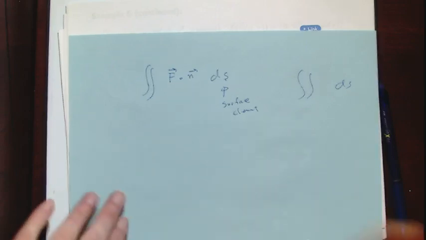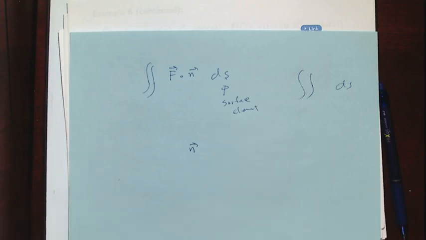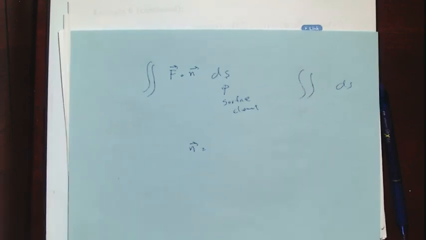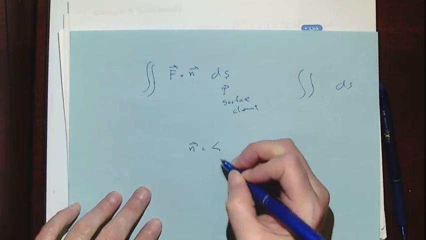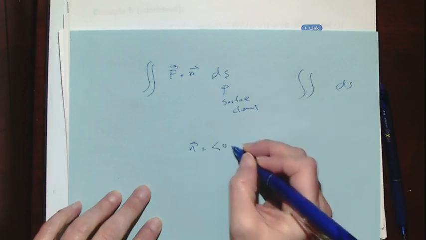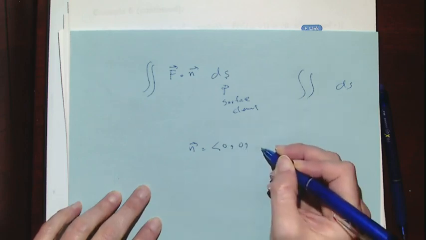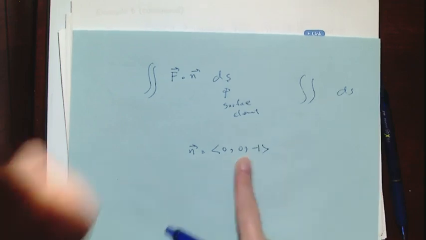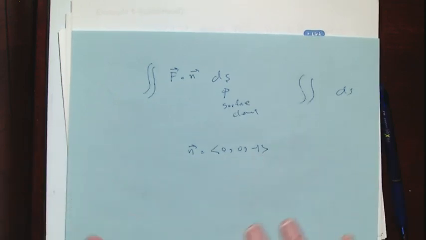What is n in here? What's the orientation? In the z direction, right? Negative z direction. 0, 0, negative 1. Is that a unit vector? Correct. So that's n.